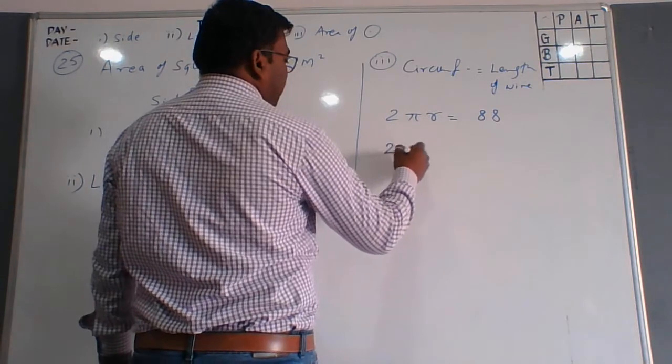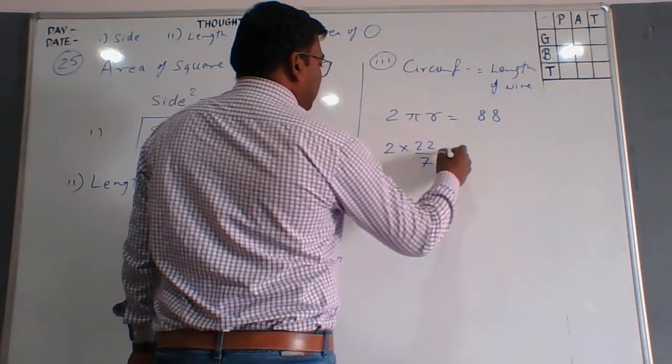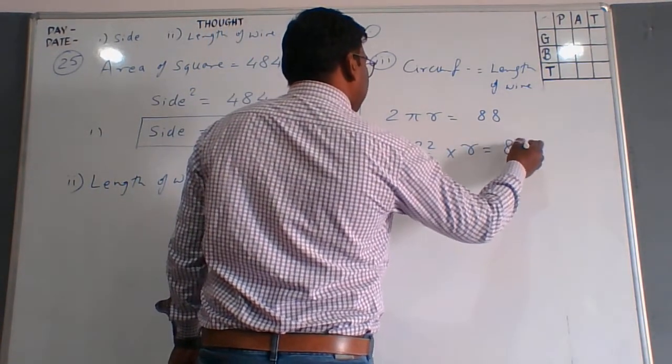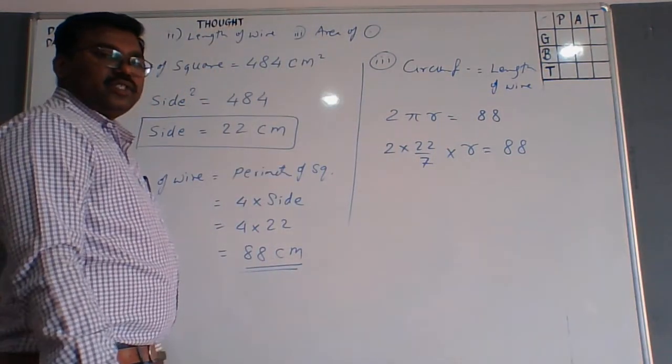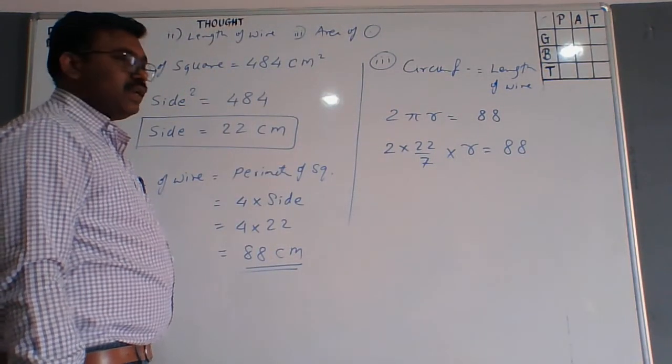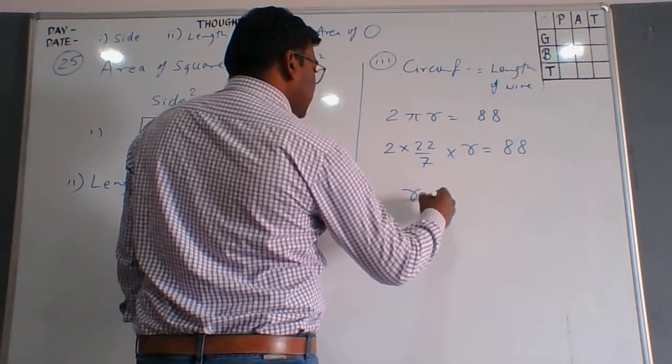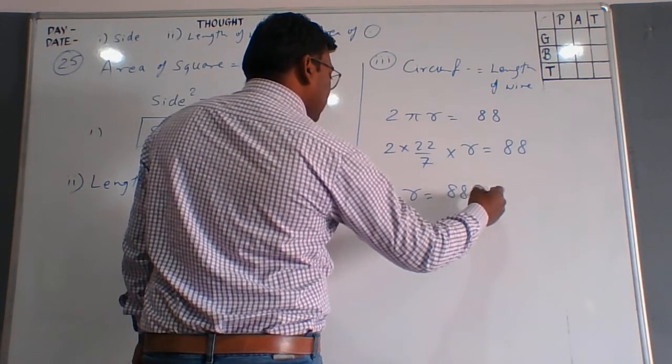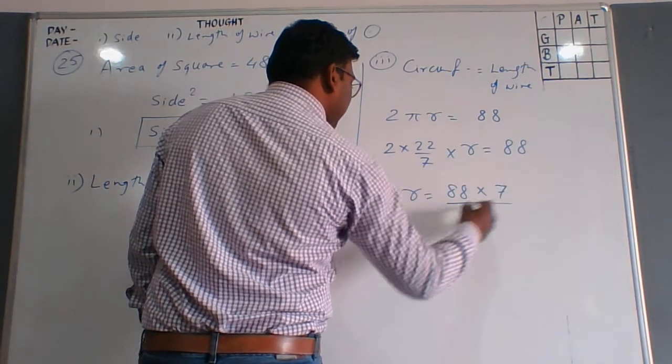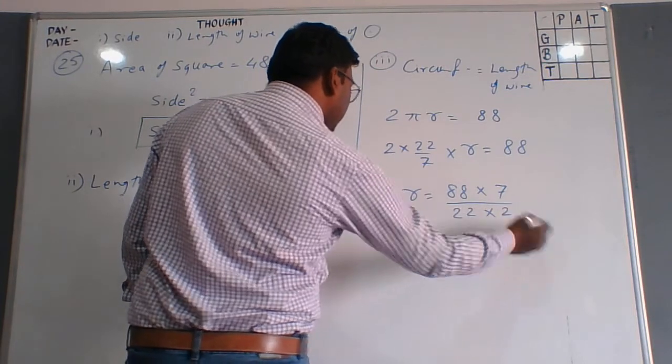Value of the pi is 22 by 7. Radius we want to calculate. So shift everything on the other side. So radius will be 88 multiplied by 7 divided by 22 into 2.